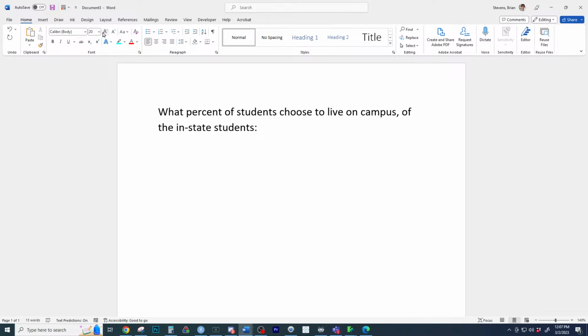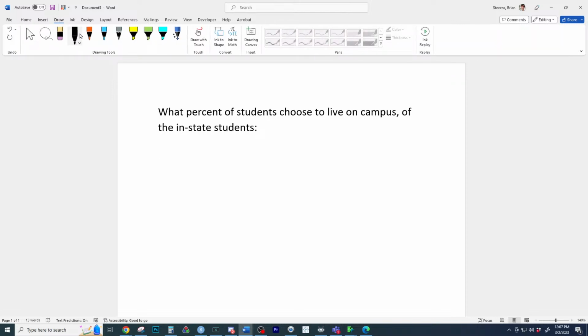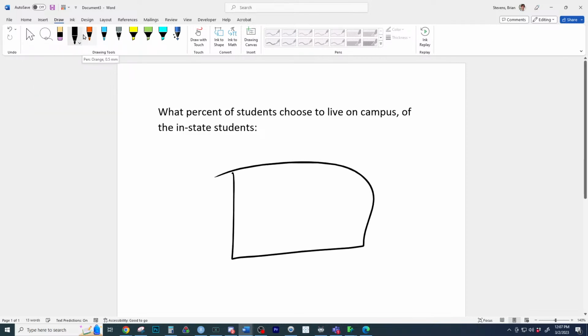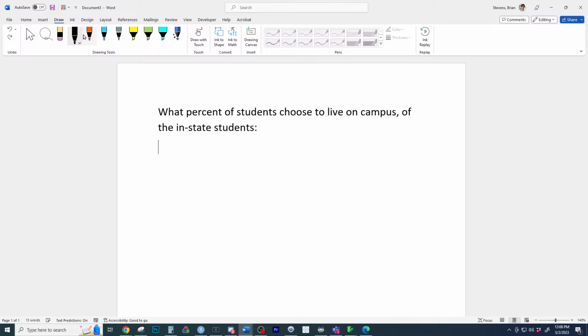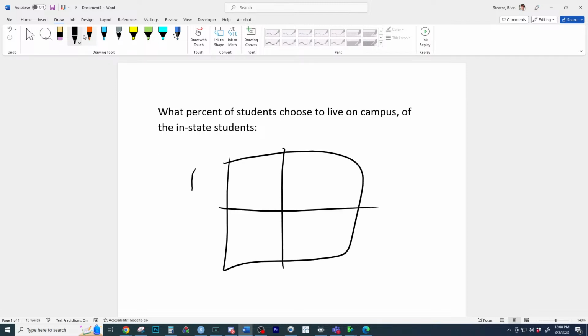If we had a table and we drew it, we go here to in or out of state, and on or off campus, and we usually put them on the other sides. On or off campus, in state, out of state.